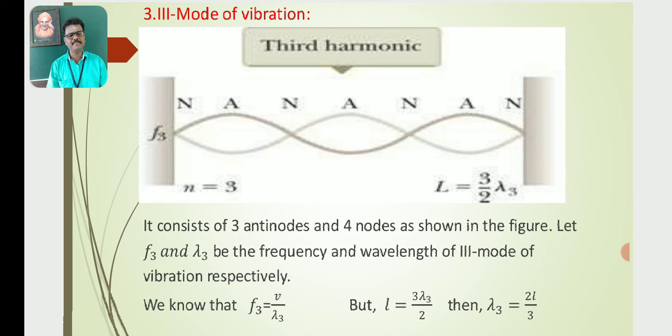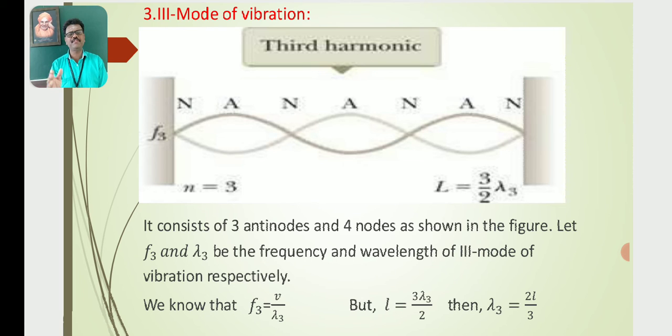So the third mode of vibration consists of 3 loops or segments. Here the length of the rod must be equal to 3 lambda 3 by 2.